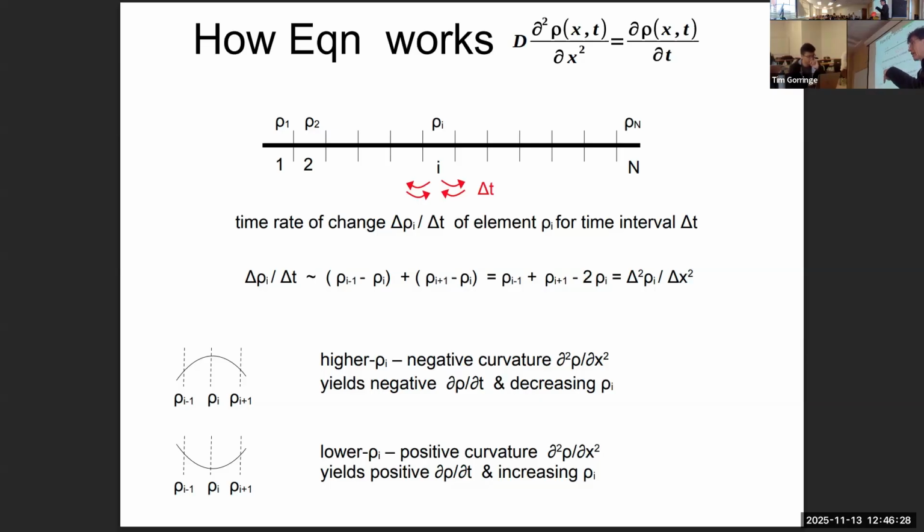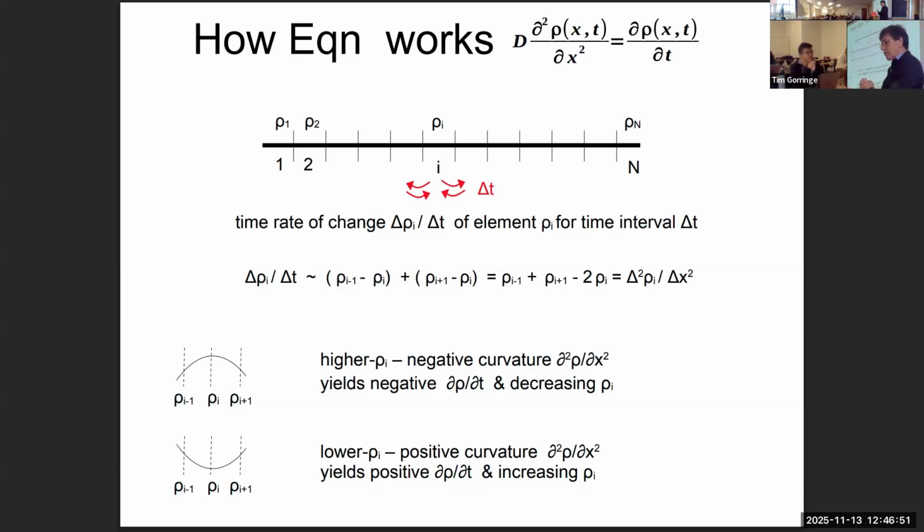The number of particles in that little element, or the particle density in that little element? Well, these little arrows are meant to indicate different ways that the contents of that spatial bin can change in time.